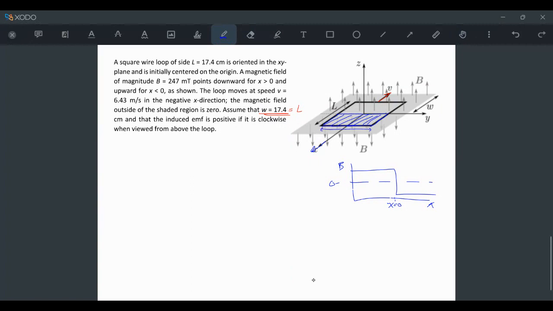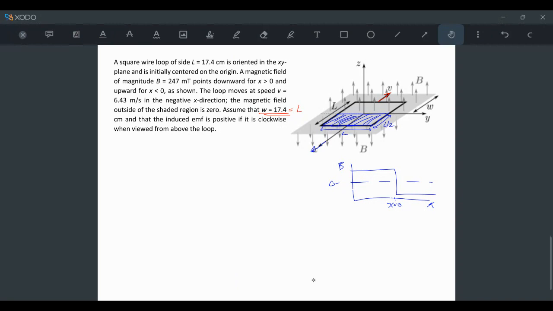That has area L by L over 2, and that has a flux, which is the magnetic field multiplied by the area multiplied by the angle between the two, which is equal and opposite to this region at the back here. So those sum to 0.